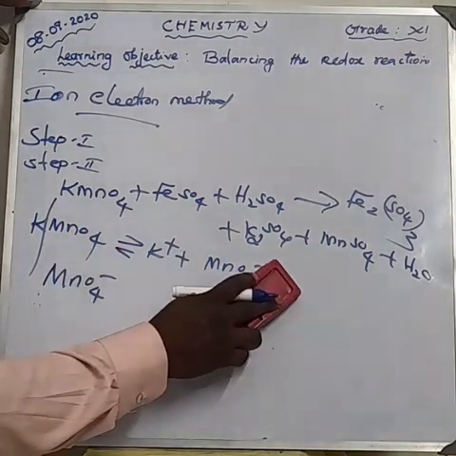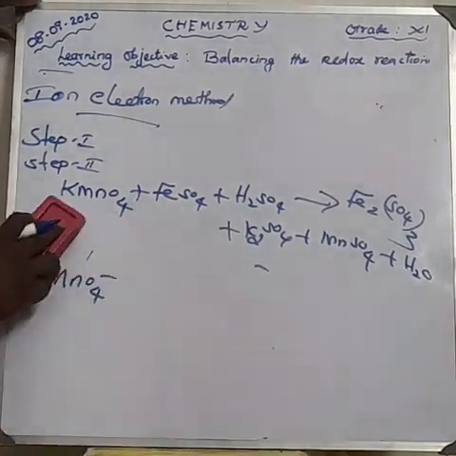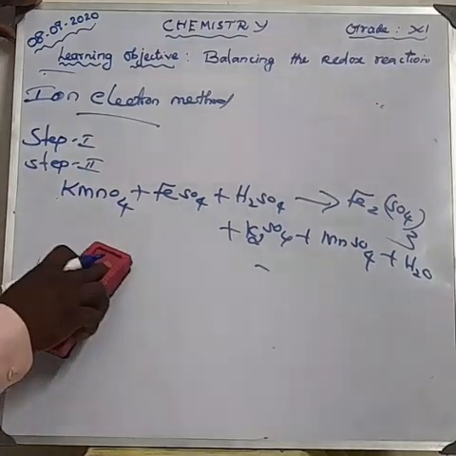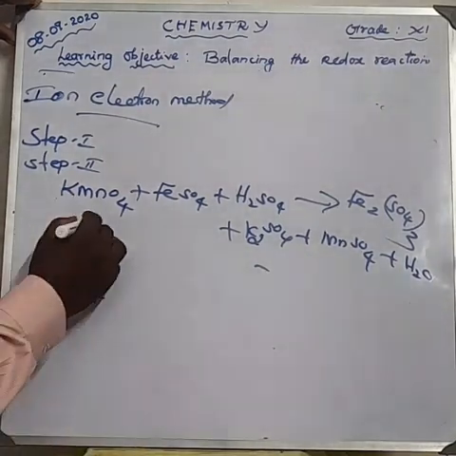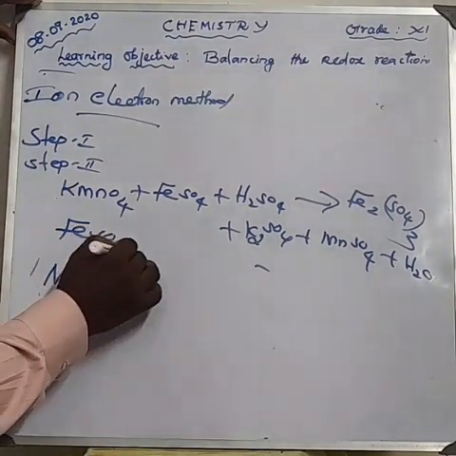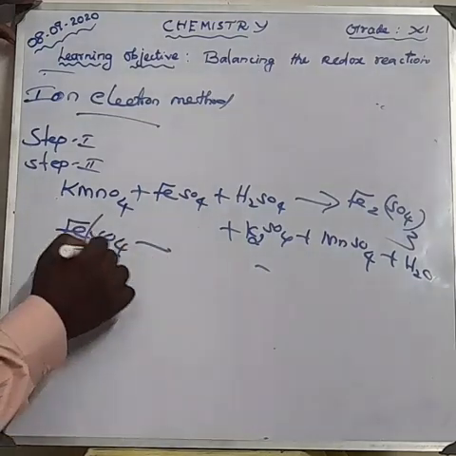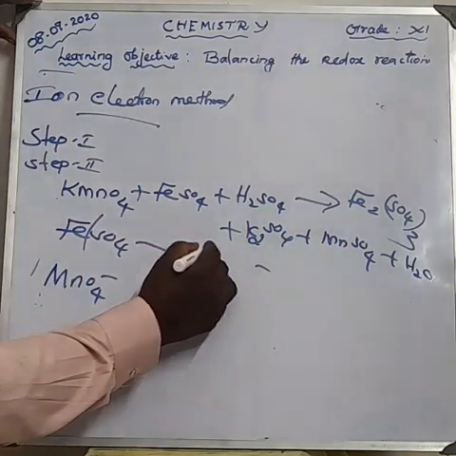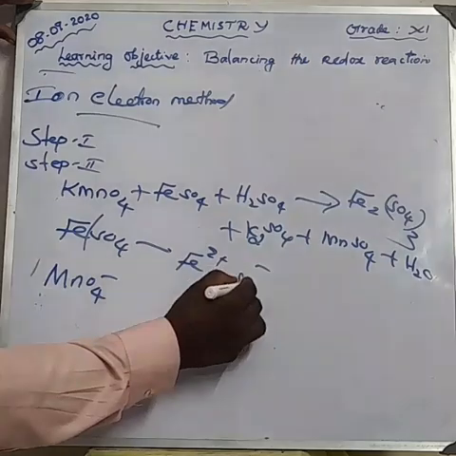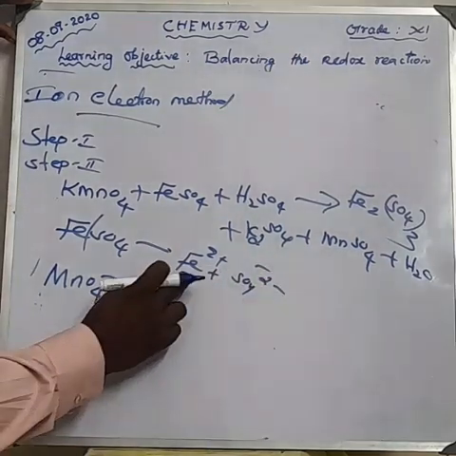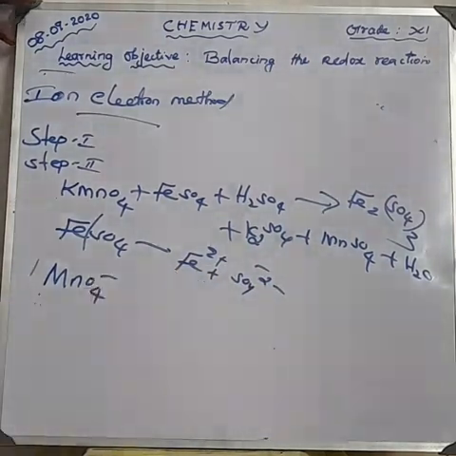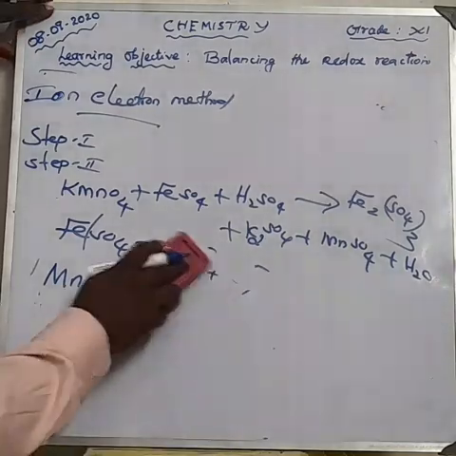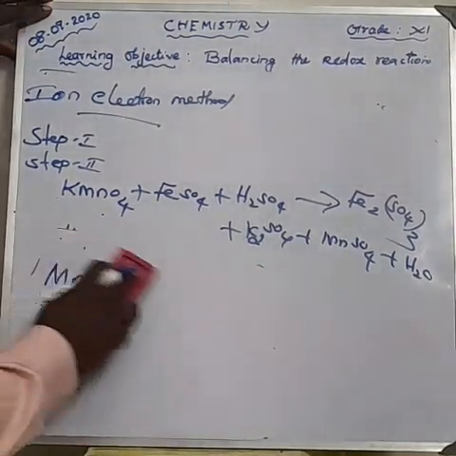And the next one, ferrous sulfate. What is the ionic form of ferrous sulfate? How will you write FeSO4? Fe2 plus and SO4 2 minus. We are taking Fe. Like that, everyone we are taking. Okay, we are taking Fe2 plus.